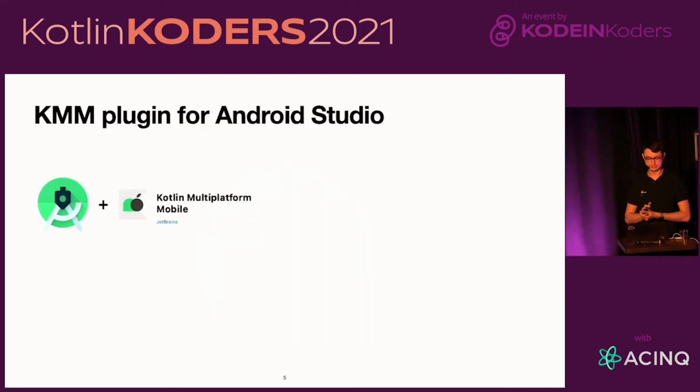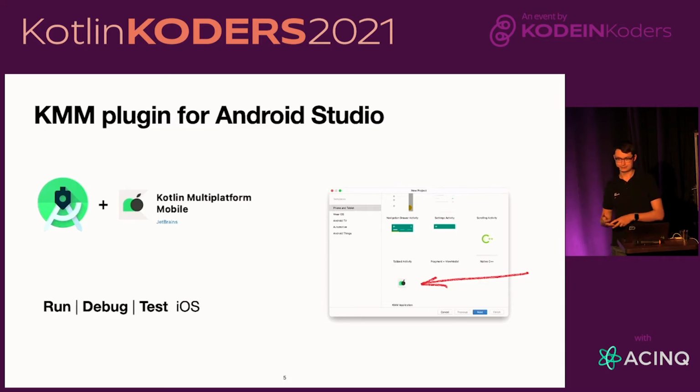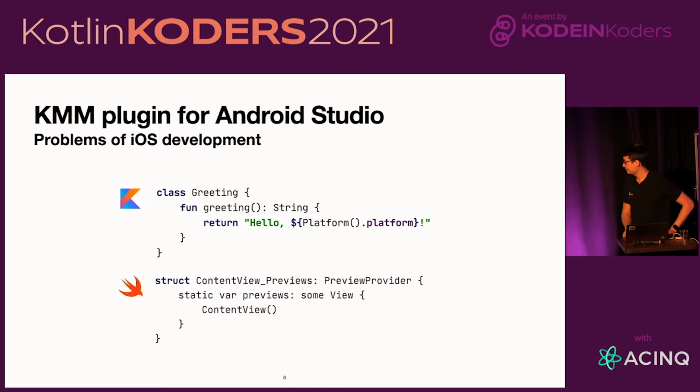I guess everybody knows that as well. It's useful. It brings some useful functionality. For example, the project wizards, where you can create a very basic KMM application. Also, you can run, debug, and test Android applications, and of course, iOS applications. But this solution has some problems for iOS development.